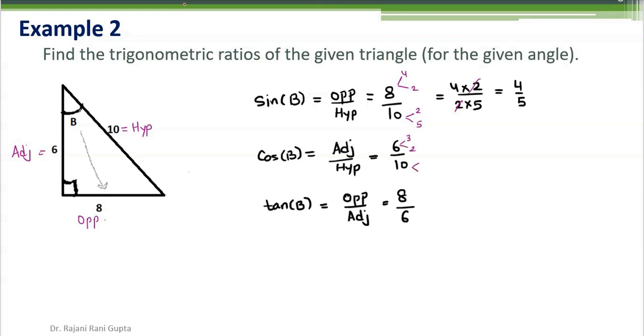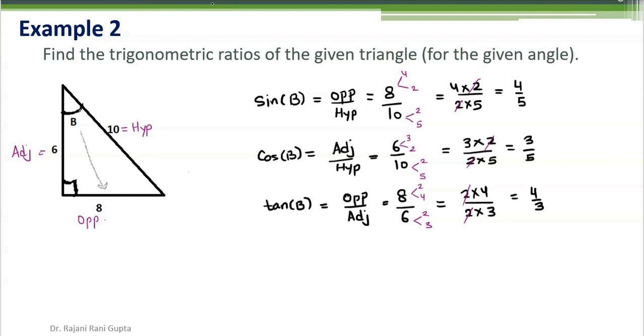The factors for 6 are 3 and 2, for 10 again 2 and 5. You write it as 3 times 2 over 2 times 5, cancelling 2 from the numerator and the denominator. That gives you 3 over 5. And in the same way, can you tell me what will be here? 8 is 2 times 4, 6 is 2 times 3. Cancelling the 2 from numerator and denominator, you get 4 over 3.